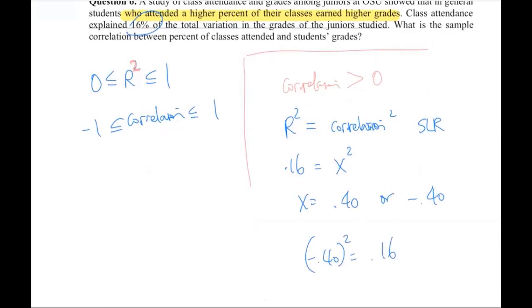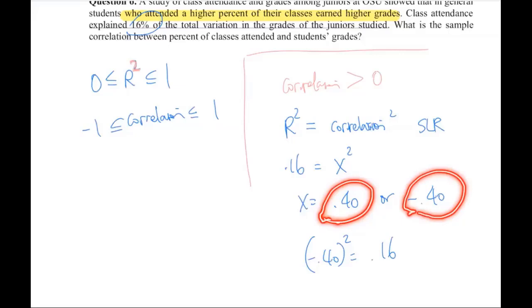But for this particular question, we are going to use the positive one because we know higher class attendance gives us higher grades, right? But in some other contexts, the problem may be different. For example, in the final, you may see a negative correlation and you should choose negative 40%.